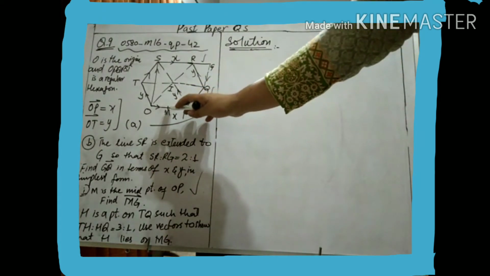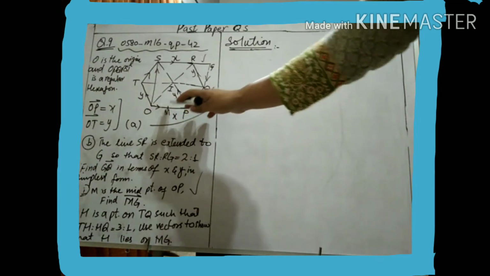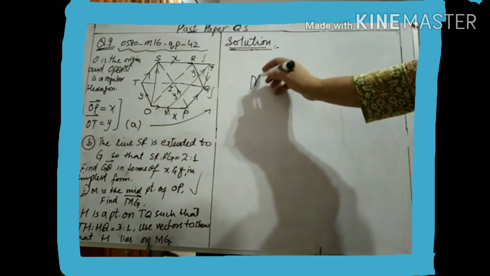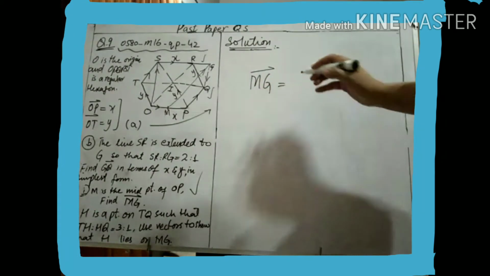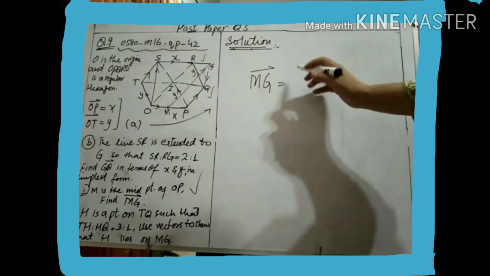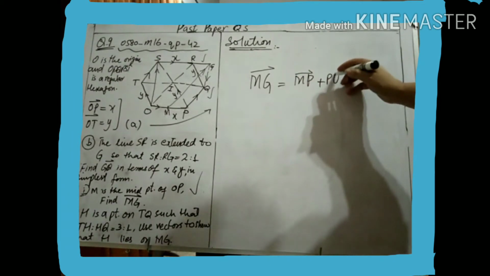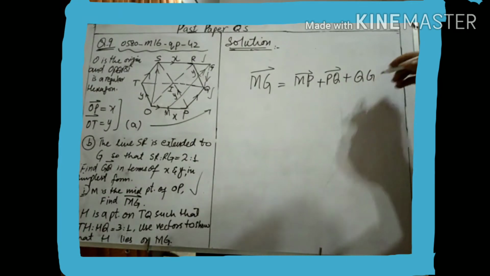So we will find M to G. First let me draw a line M to G, and its direction is from M to G. Now first write down the equation. MG will be equal to MP, PQ and QG.